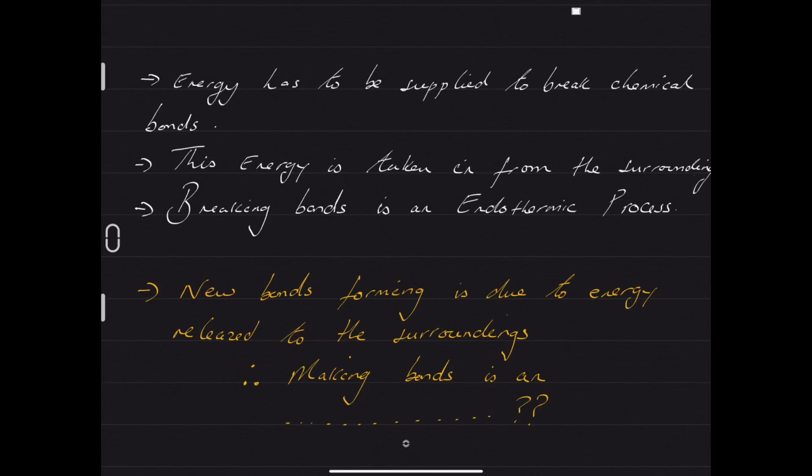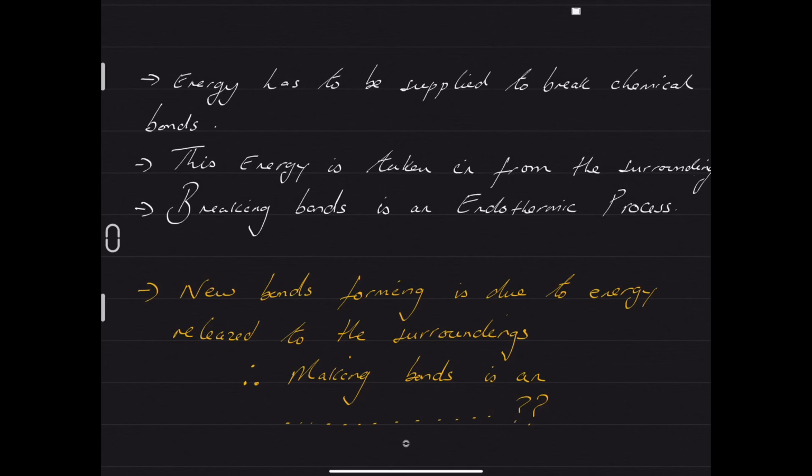So what we say is that energy has to be supplied to break chemical bonds. This energy is taken in from the surroundings. Therefore, breaking bonds is an endothermic process. I'll repeat that again. When we're using energy to break chemical bonds, the energy must come from somewhere.